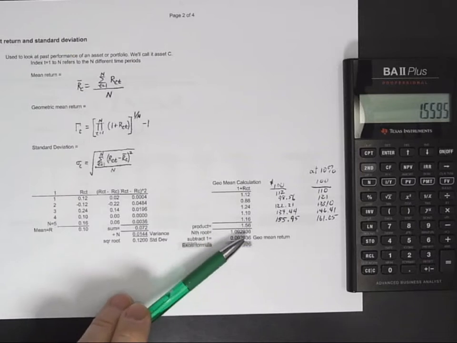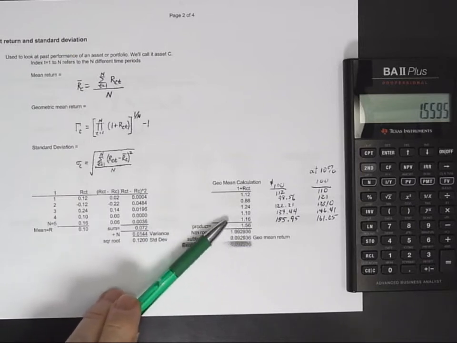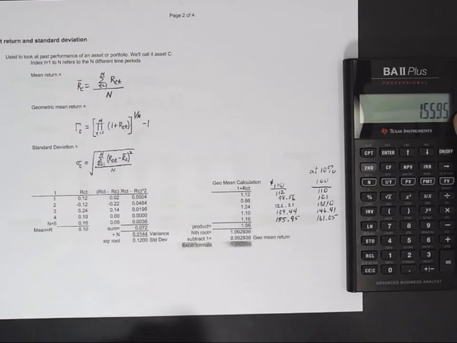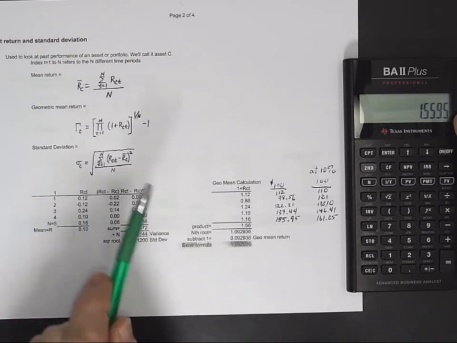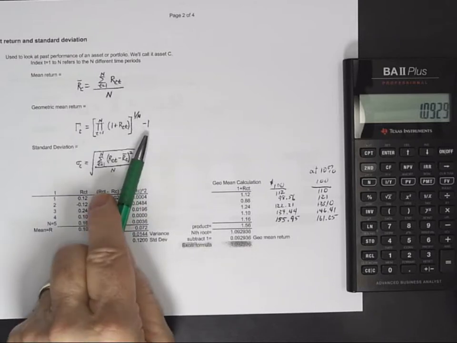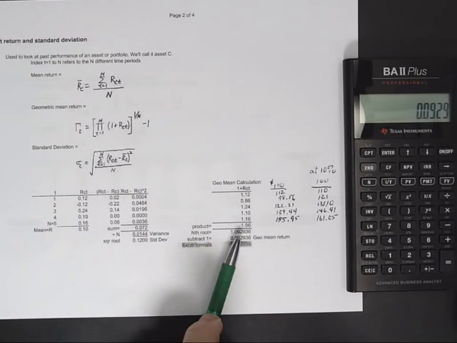And of course this is rounded here, but carrying it to all the places, we would say this number needs to be taken to the 0.2 power because there are 5 outcomes, so it's 1 over n, and 1 over 5 is 0.2. So I'm going to hit the y to the x key, y to the x, 0.2 equals, and then I'm going to subtract 1, minus 1 equals 0.0929, and that's our number down here.